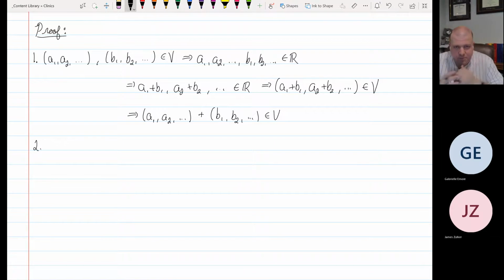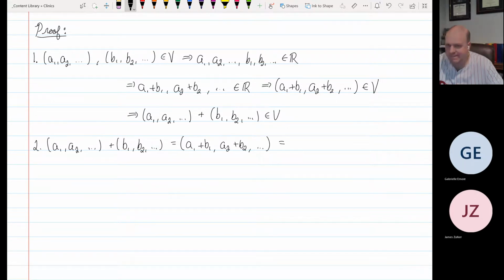Number two was commutativity. Again, we're dealing with all real numbers.